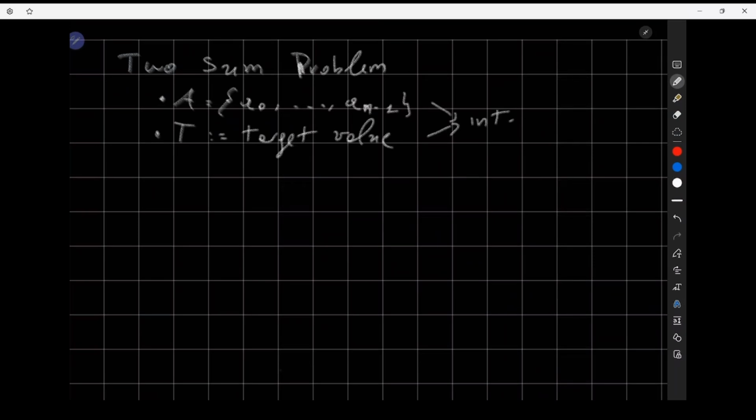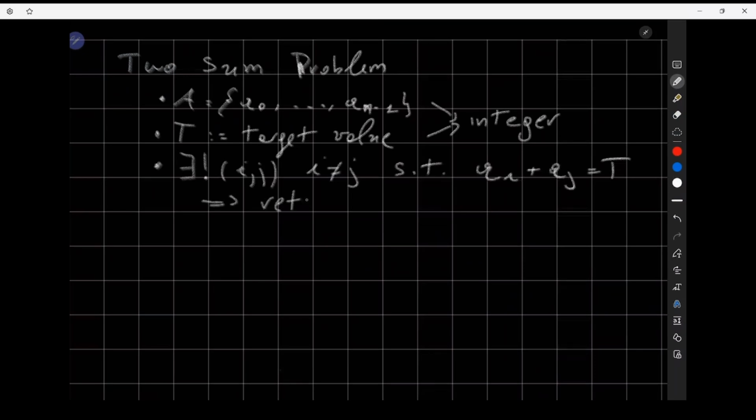So one is an array of integers, the other one is just an integer in the given range from the problem. And we know that there exists a unique pair up to order, pair i, j, with i different from j, such that A_i plus A_j is equal to the target. And the goal here is to return, again up to order, the pair i, j.